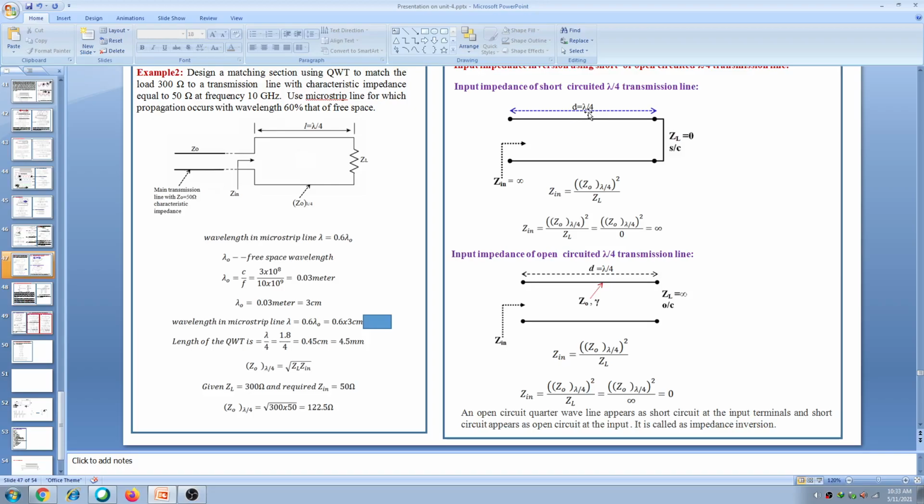For example, we are taking length L equal to 4.5 mm. That L equal to 4.5 mm equals lambda by 4 only at 10 gigahertz. If you take a frequency of 10 gigahertz, then only it is equal to lambda by 4.